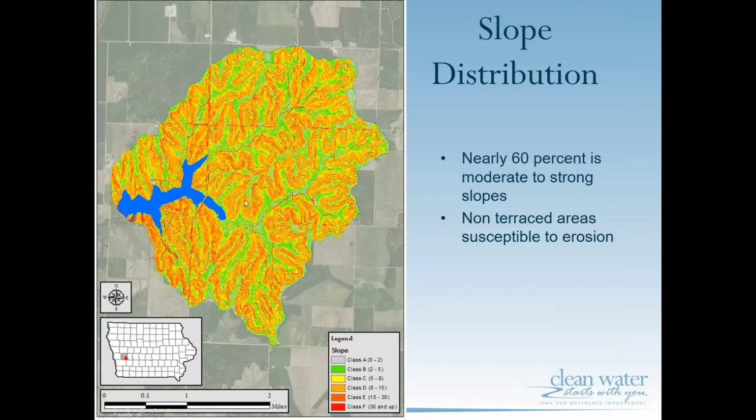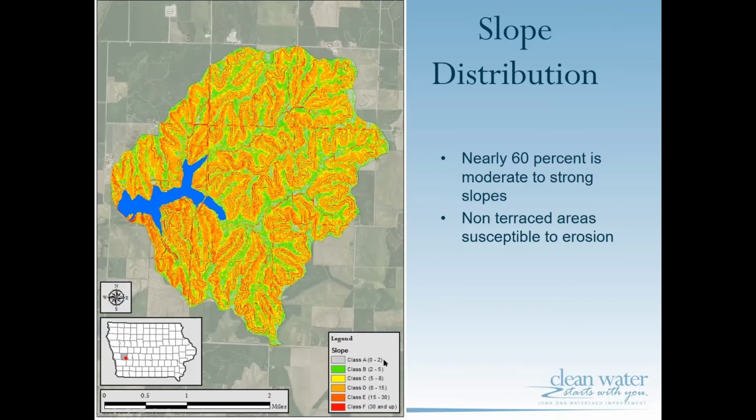So we can see these areas of almost alternating red and yellow and green stripes here in that row crop area. If you can imagine a terrace being part steep back slope, part flat front slope where the crops would be, these are those formations that you see. And if we look at the percentages, we can see that nearly 60% of the watershed is either moderate or strong slopes.